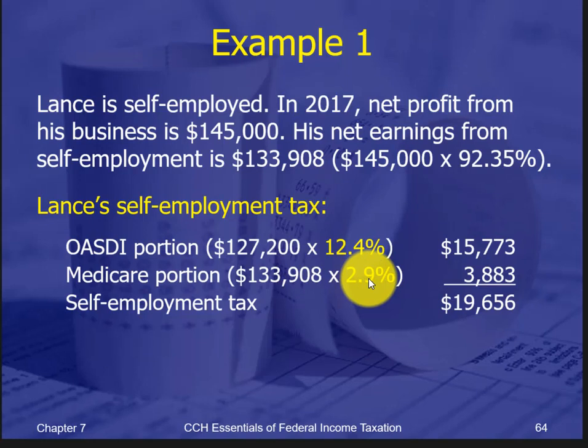Another way to calculate this is to do the 15.3 on the 127.2, and then take the difference, 6,708, multiply it by the 2.9 and add it together. It'll get you exactly the same place. So it just depends on how you best want to look at it. So that's how you get self-employment tax.